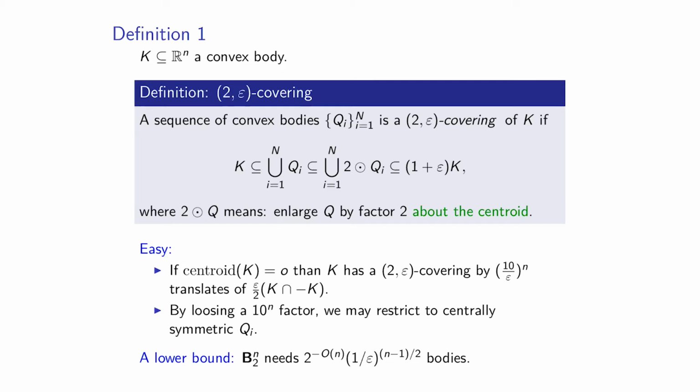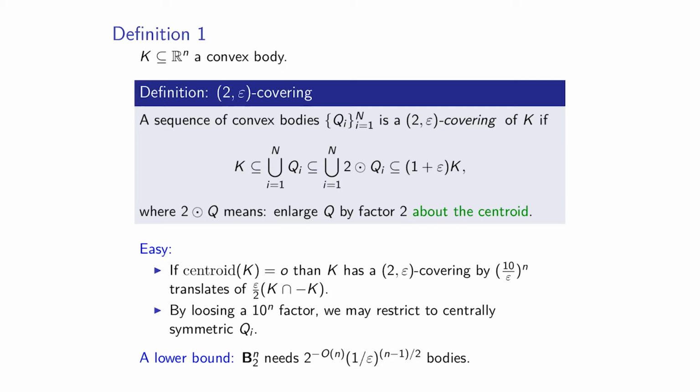We're interested in the dependence on n to some extent. For example, we don't want the dependence to be something of order n to the n, but as long as it's constant to the n, it's okay. What we're really interested in is the dependence on epsilon. So are we going to get 1 over epsilon to the n or something better?